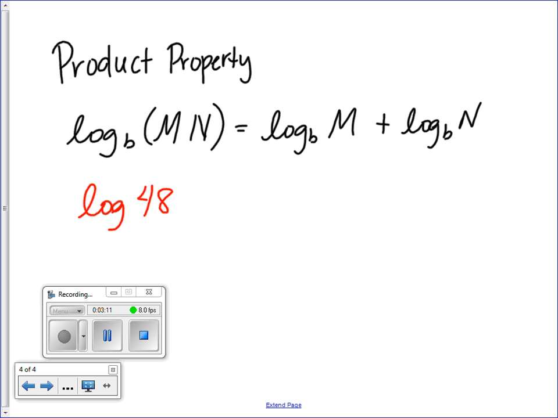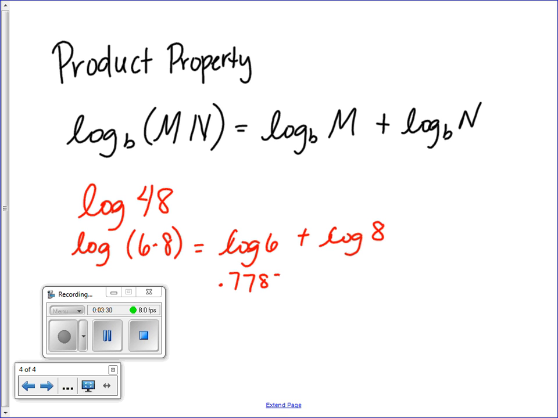So I could say, well, that is the log of 6 times 8, which is equivalent to the log of 6 plus the log of 8. So I go back to my chart, and I pore over my chart, and this one is 0.7782, and this one is 0.9031, and now I can just add those two together, and I have the log of 48 without having 48 on my chart.